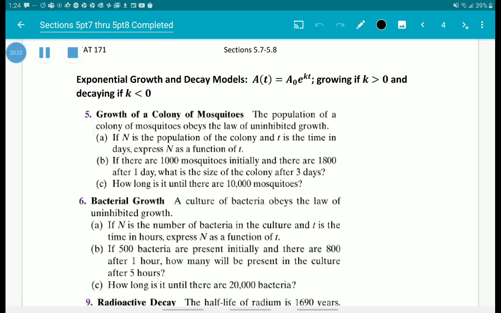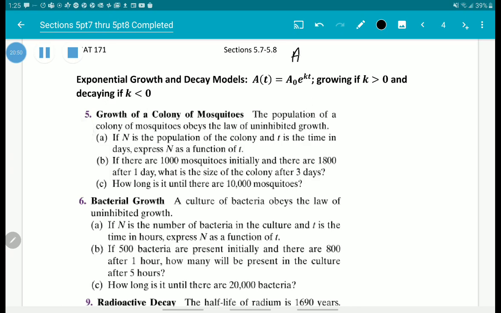Even when we talk about the coronavirus, in the beginning, that was a very exponential growth that we had when we were talking about the number of people who were infected. And then it starts to level off at some point, which becomes a different type of graph, called a logistic graph.